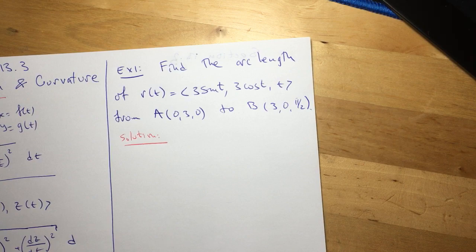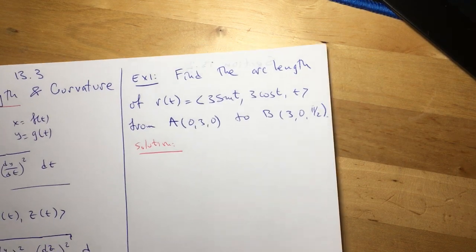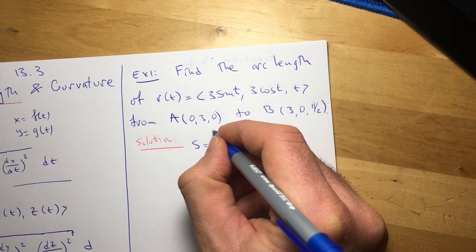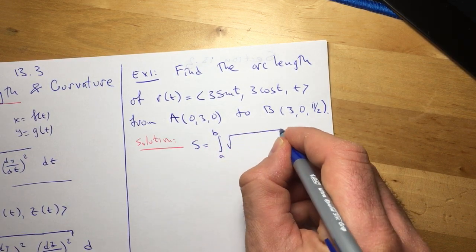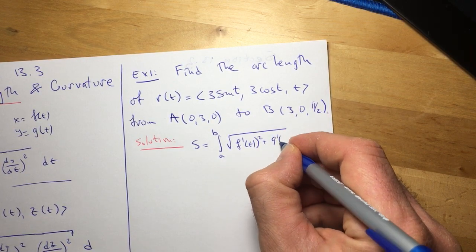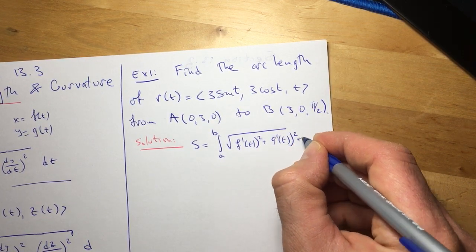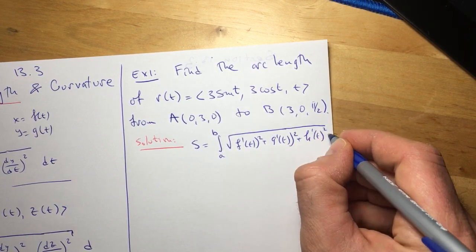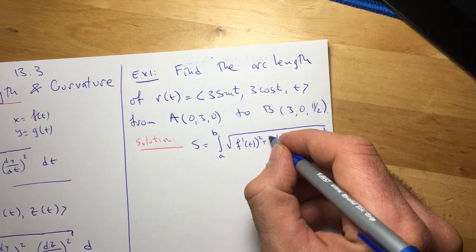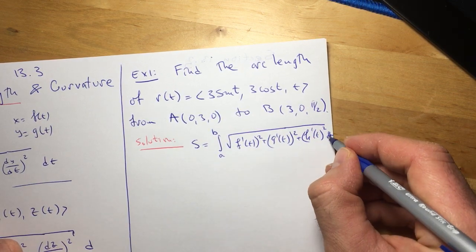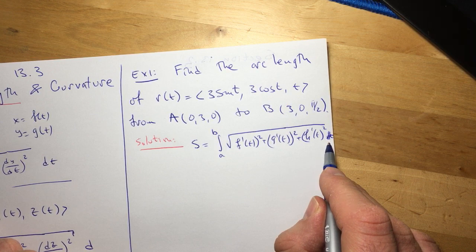Okay, so first of all, going back to the formula, I know that the arc length is the definite integral from a to b of the square root of f prime of t squared plus g prime of t squared plus h prime of t squared, dt. The first thing I want to point out is that I'm integrating with respect to t.